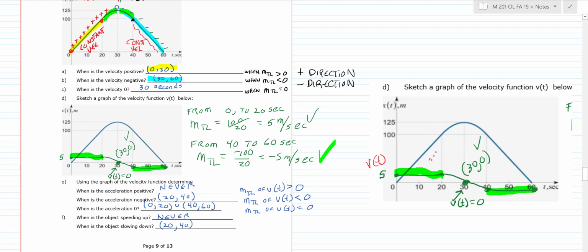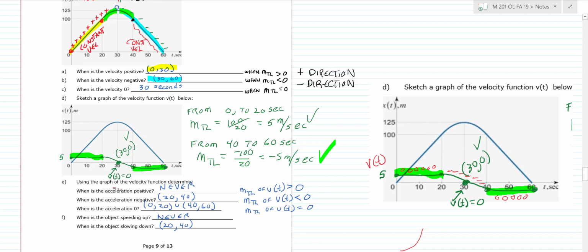Okay, so the slope of the tangent line from here to here would be 0. So you'd have 0 acceleration right there. From 40 to 60, you would also have 0 acceleration. From here to here, you have a negative sloping tangent line, so you have negative acceleration. There's no place where the graph is increasing, so there's no place where you have positive acceleration.